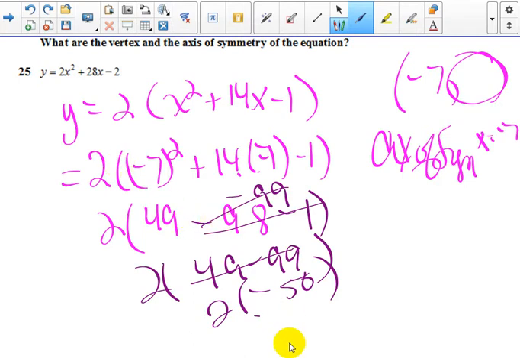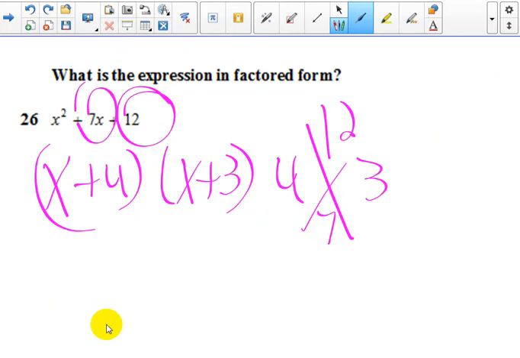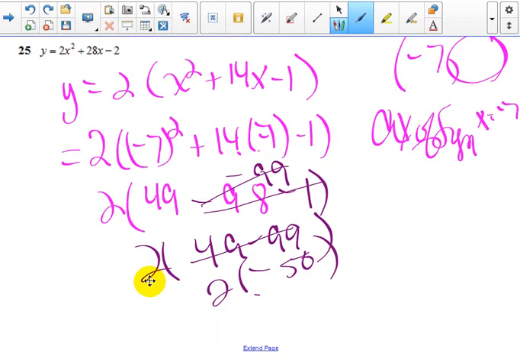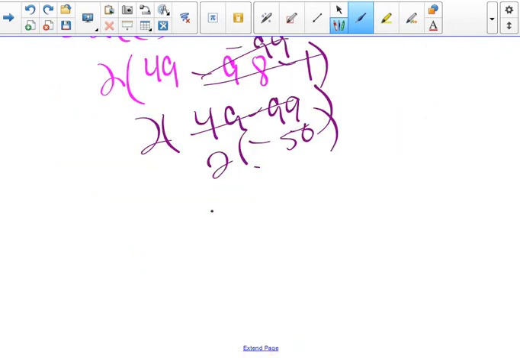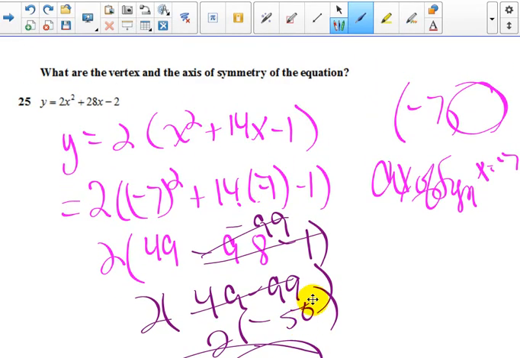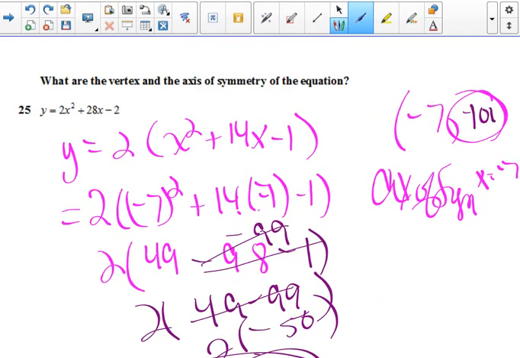Don't drop the 2. So 2 times -50 is -100. Okay, so that's our y value, -100. So there's your axis of symmetry, x equals -7, and your vertex is (-7, -100). And that's your answer.